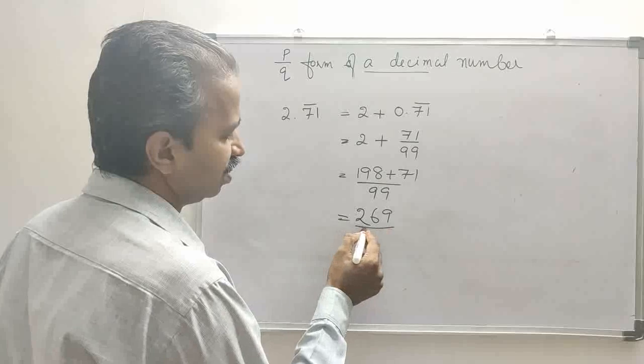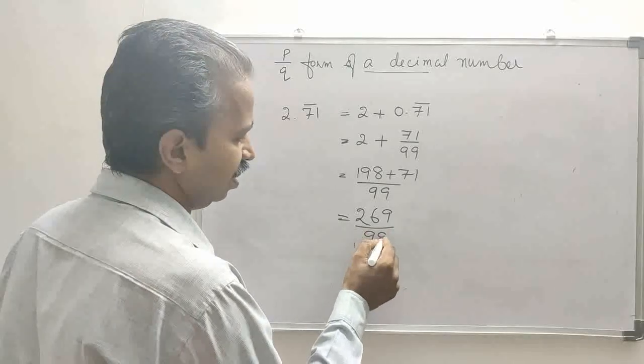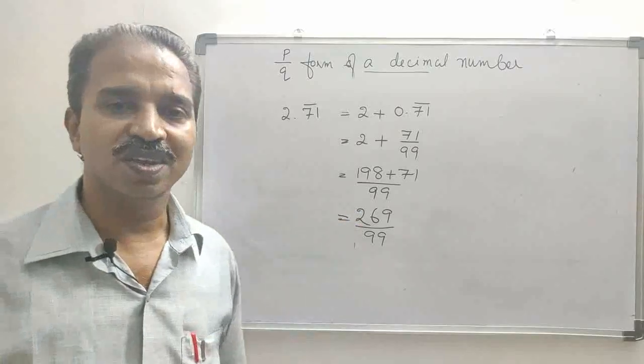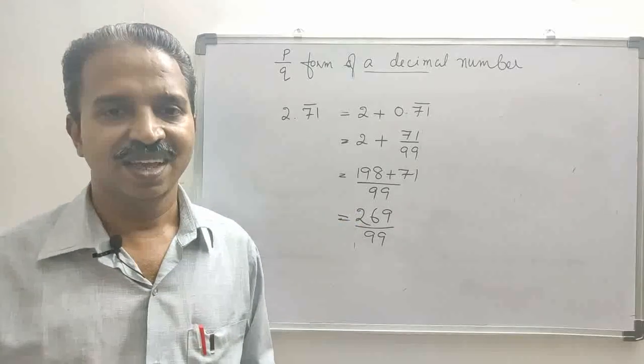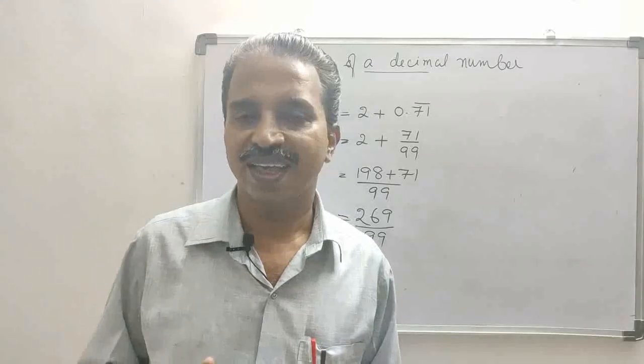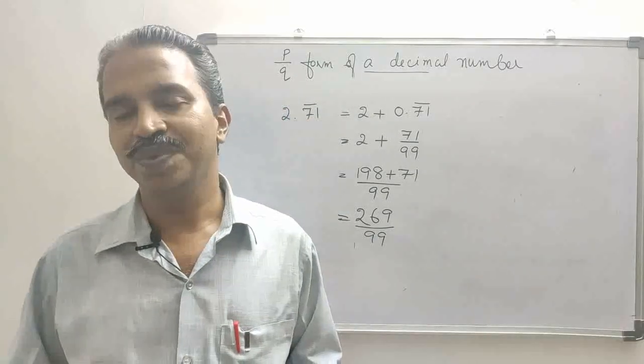So 269 upon 99. There is no common factor to cancel, so that is 269 upon 99 we get. So in this way we can convert pure recurring decimals to p upon q form.